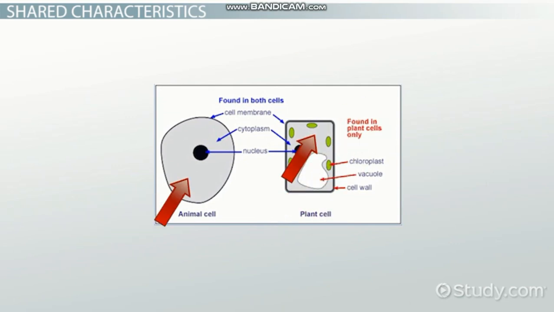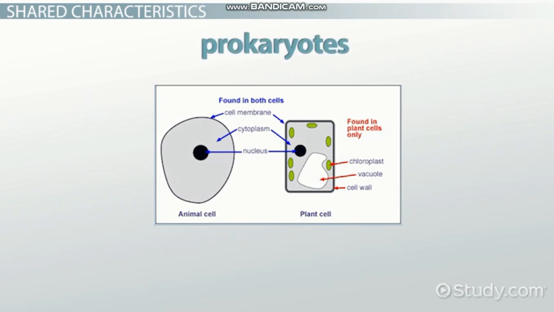Their cytoplasm contains many of the same parts and organelles, including ribosomes, Golgi complexes, endoplasmic reticulum, mitochondria, and peroxisomes, among others. As eukaryotic cells, they are also similar in size, being about 10 to 100 times larger than prokaryotes, like bacteria, which do not have a nucleus.